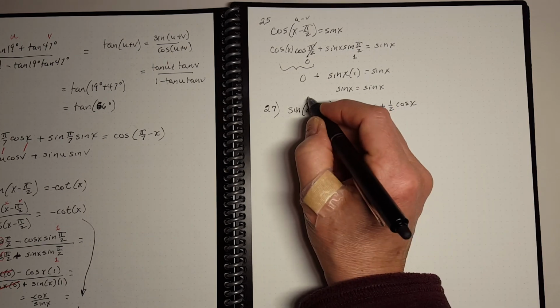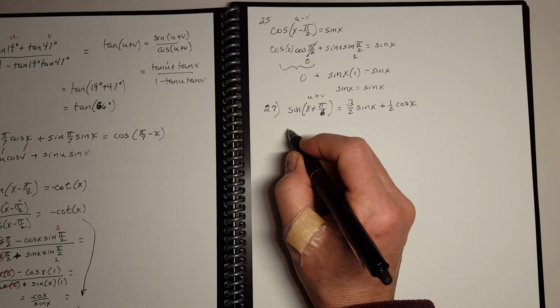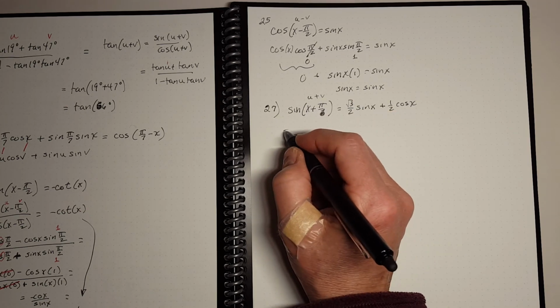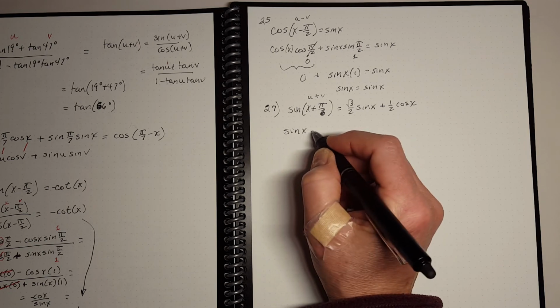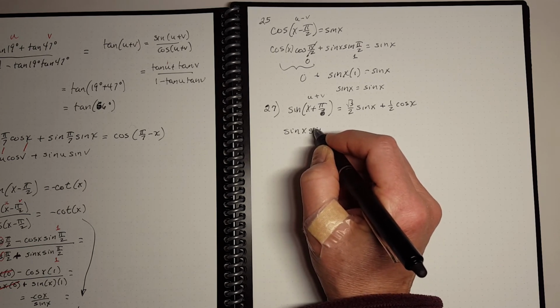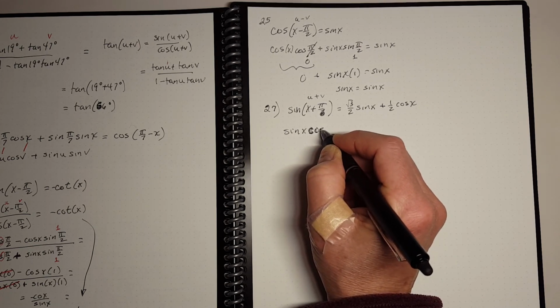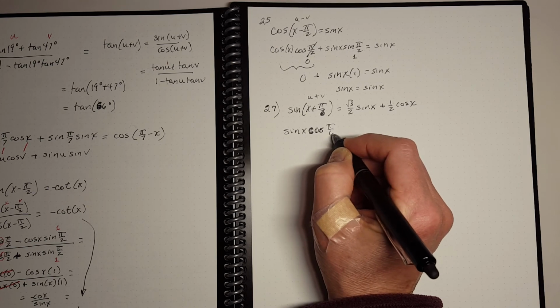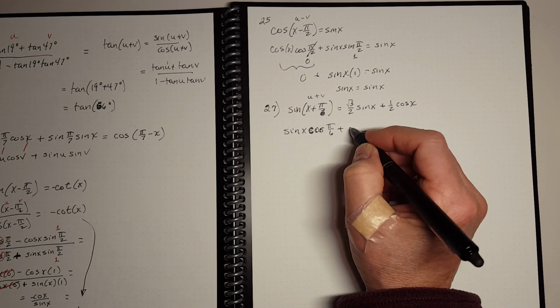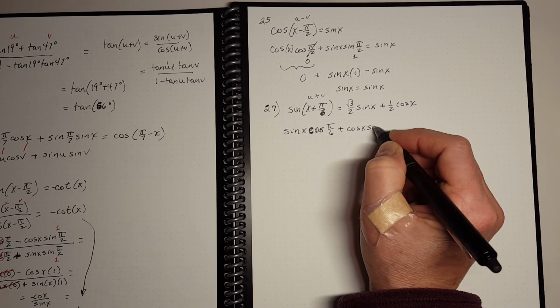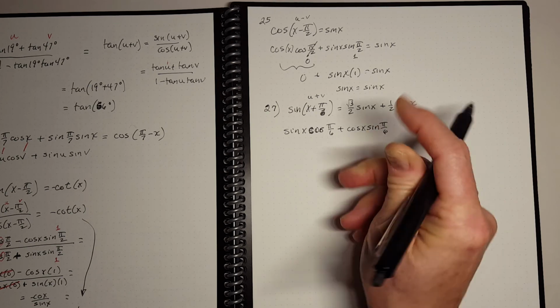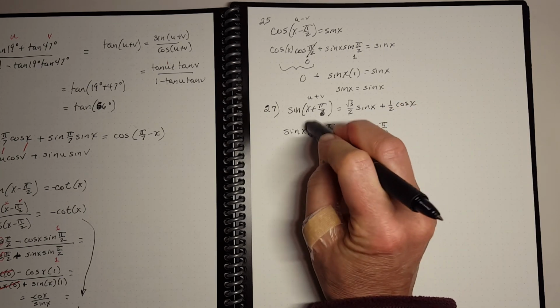So this is a u plus v. So we're going to plug into our sine of u plus v formula. Sine of u, sine of x, cosine of v, cosine of pi over 6, plus cosine of x, sine of v. Let me just fix that.